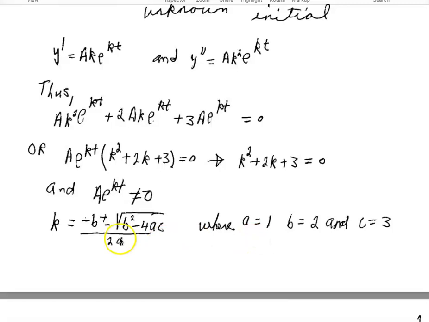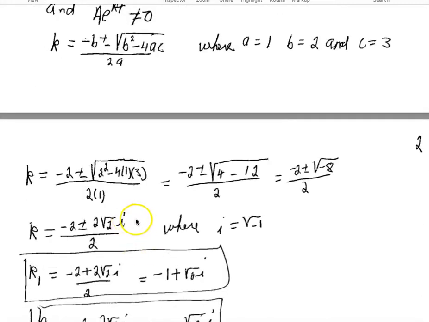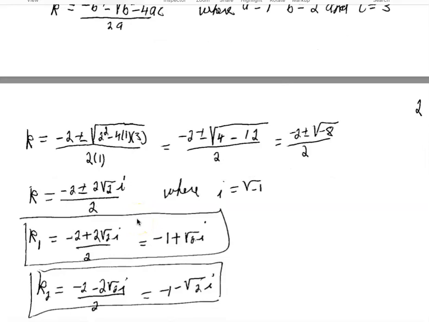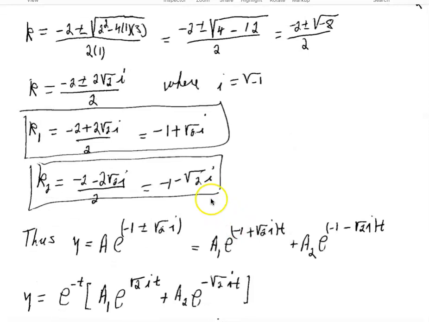So you can solve this quadratic equation in its standard form: k equals minus b plus or minus the square root of b squared minus 4ac over 2a. You substitute in the values, and you get two values for k. It can be equal to minus 2 plus or minus 2 times the square root of 2 i over 2. And we call them k1 and k2.